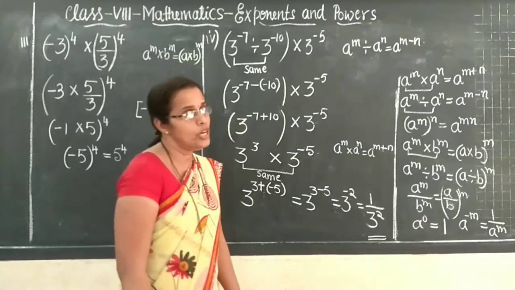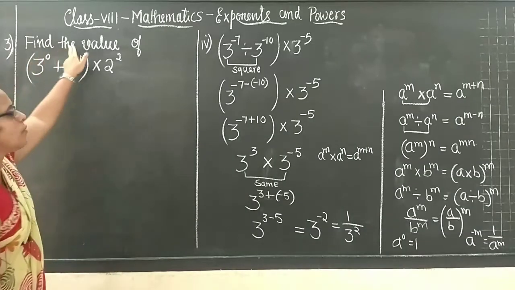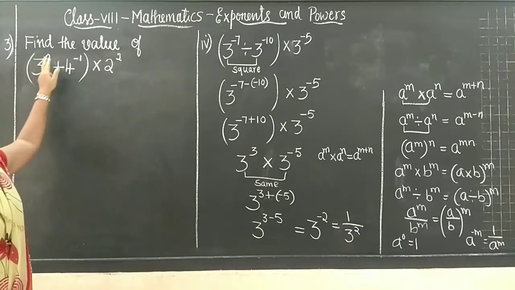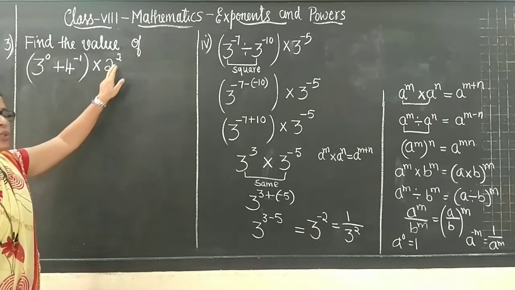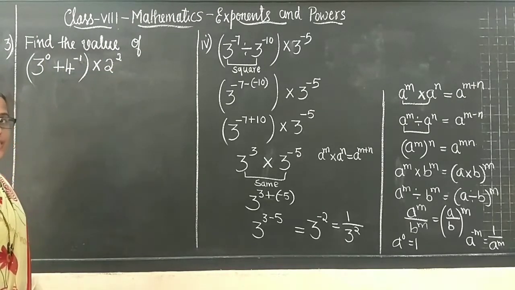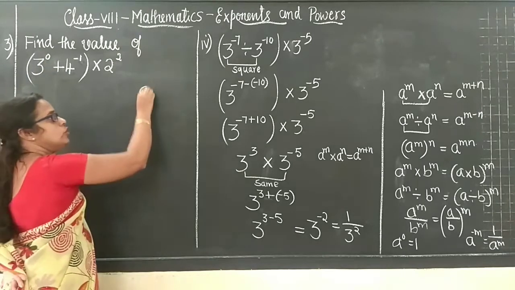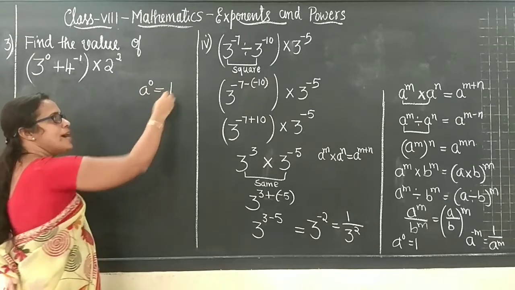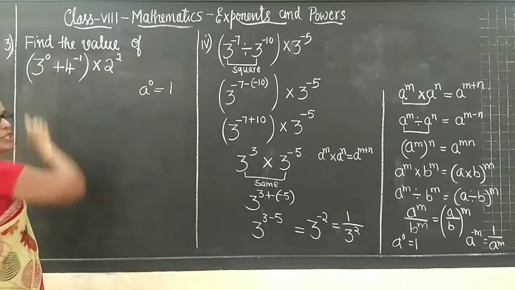Now let us move to next problem, children. Now see here. Find the value of 3 to the power 0 plus 4 to the power minus 1 into 2 to the power 2. How to solve this, children? So 3 to the power of 0. So children, anything to the power of 0 is always how much? 8 to the power of 0 is 1, means what is 3 to the power of 0?